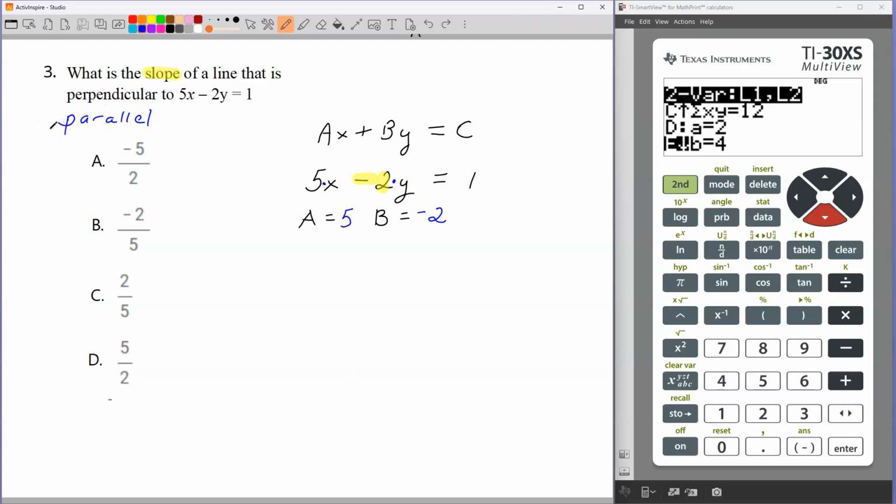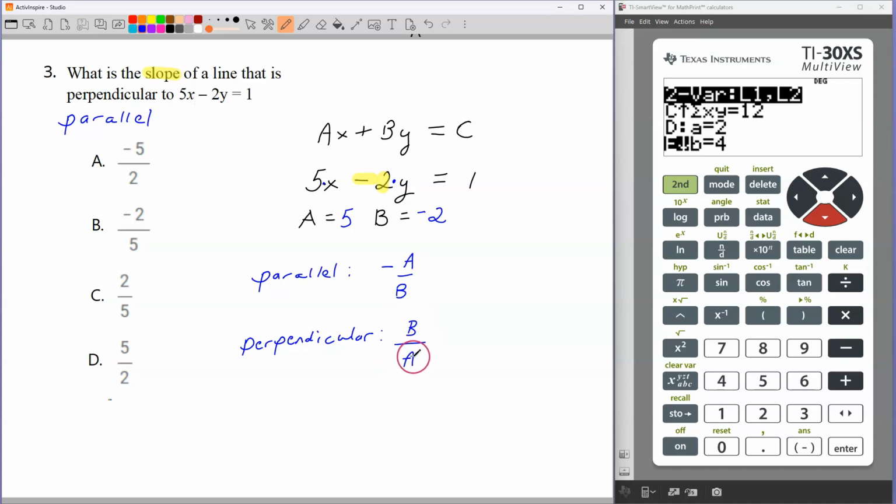And let me give you the 2 formulas when it's written in standard form. If it's parallel, here's the formula. Simply -A over B. If it's perpendicular, it's B over A.